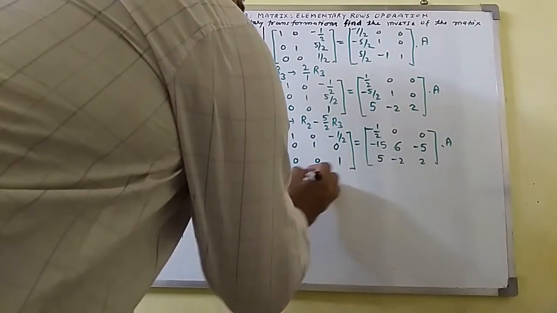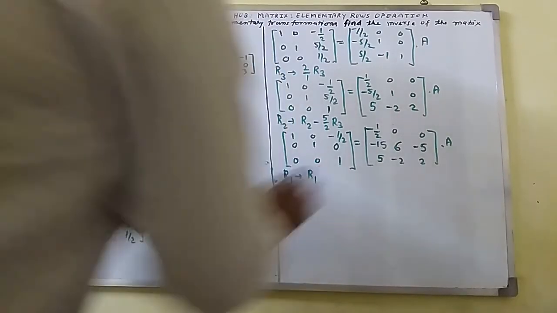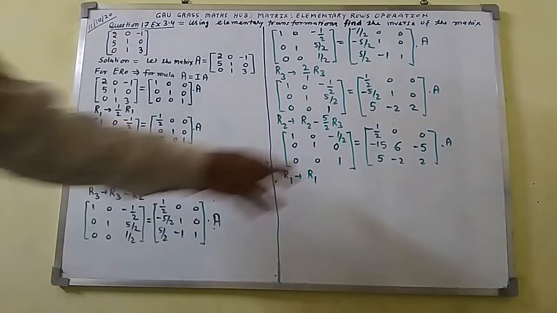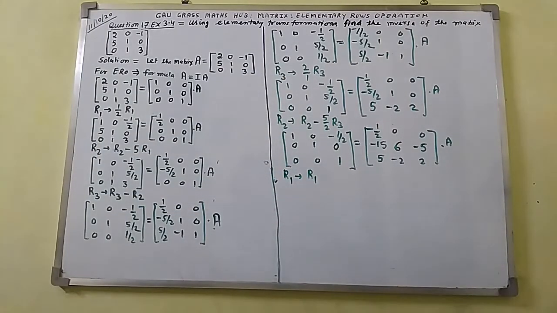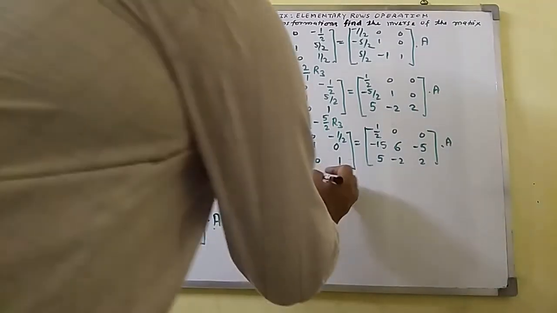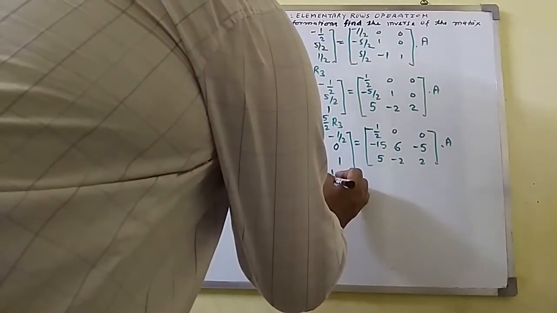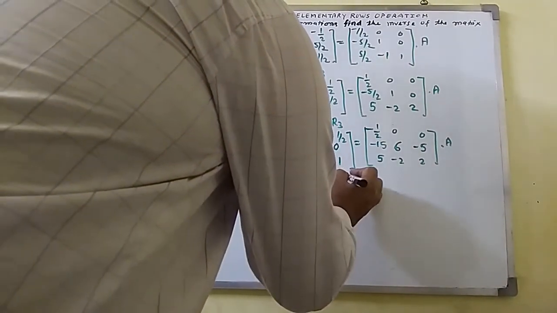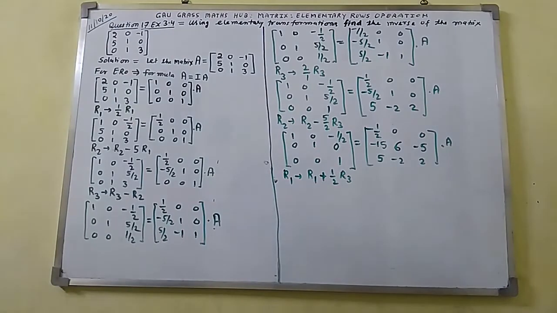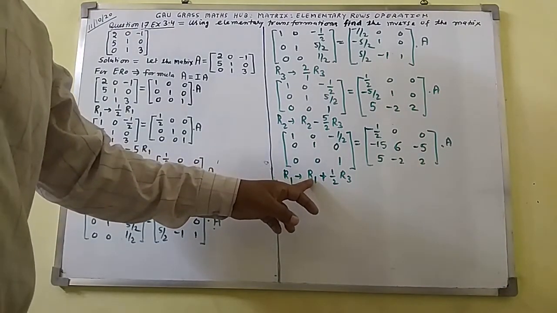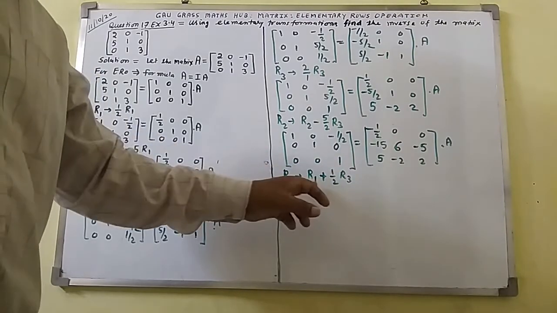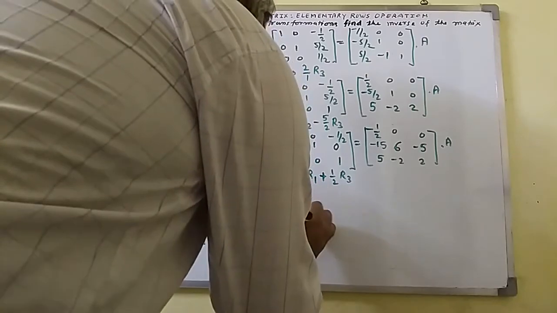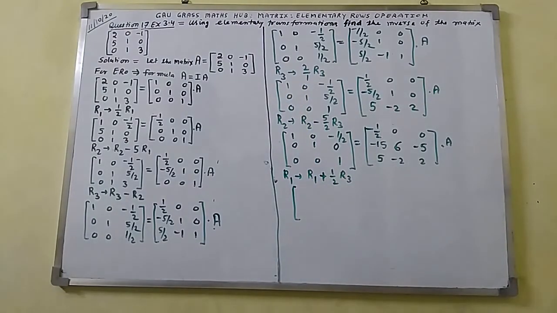R1 goes to R1 plus 1 over 2 R3. If you apply this property, R1 will be minus 1 over 2 plus 1 over 2 times R3, which is 1, so it will become 0.